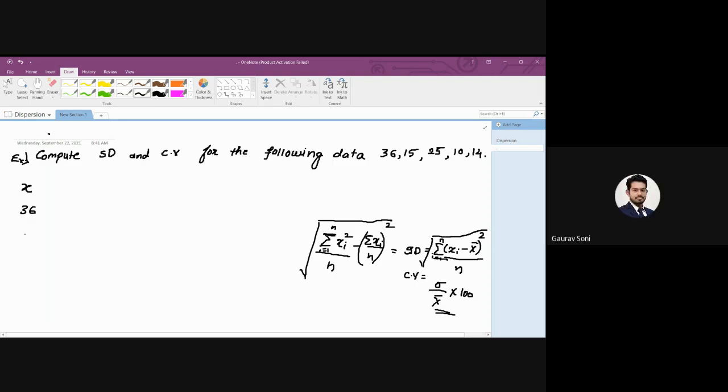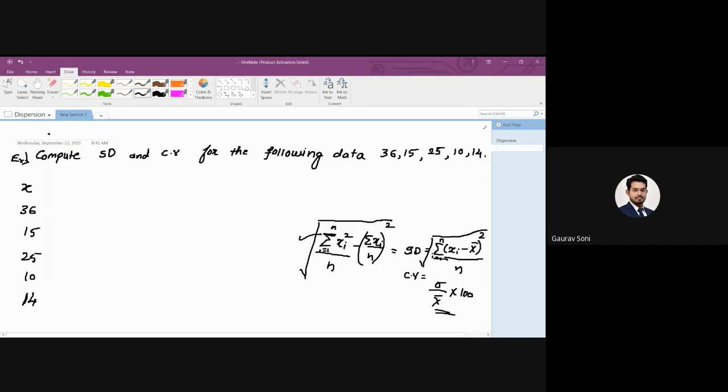36, 15, 25, 10, 14. So these are the exercise. First of all, whichever formula you are going to use, whatever summations you have, you make the column. So we have summation x square, and I'm going to use this one.